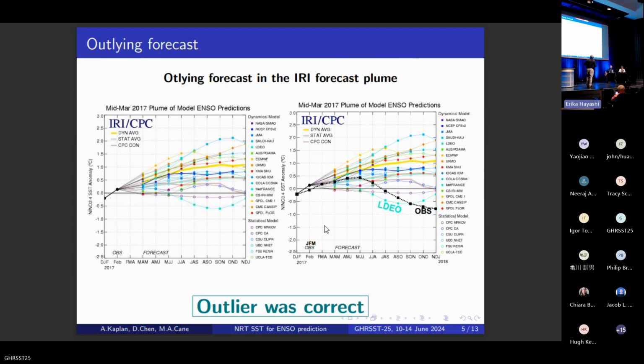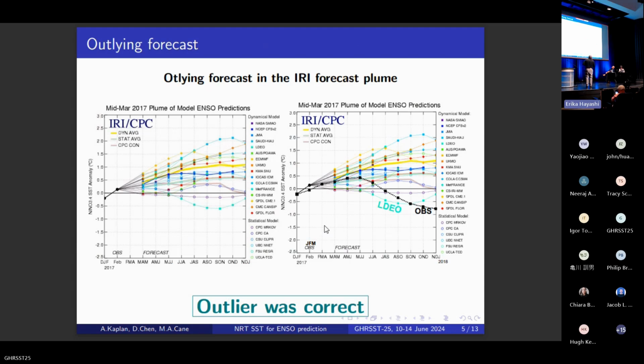And I mentioned this IRI plume. These are all different models and different forecasts. And there were, from time to time, people unhappy that we are taking a place in that plume with such a trivial model.